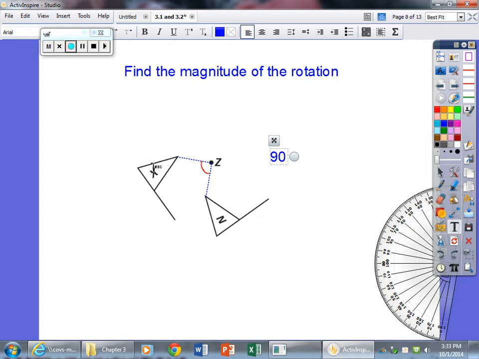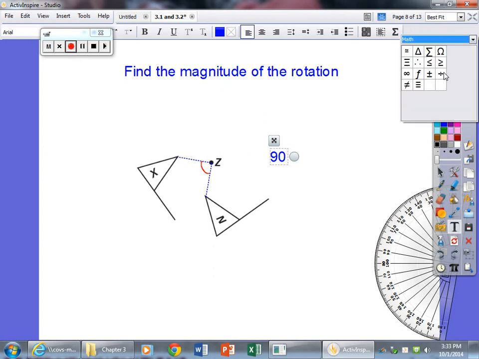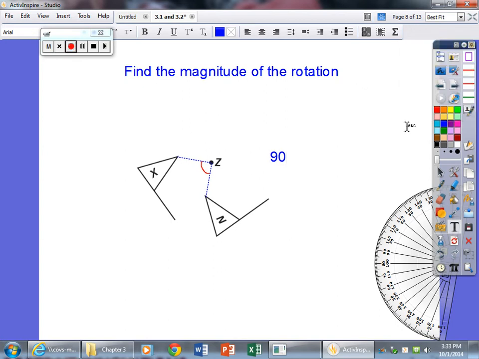Or did I rotate X down to N? That would be a positive rotation. Since they didn't tell us which one is the image and which one is the pre-image, the only thing I can really say here is that it is a 90-degree rotation. I can't say anything beyond that because I can't say in which direction.